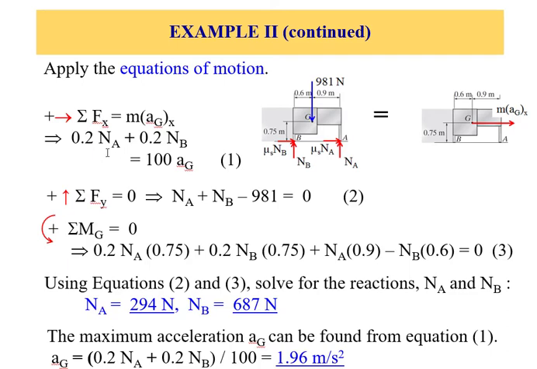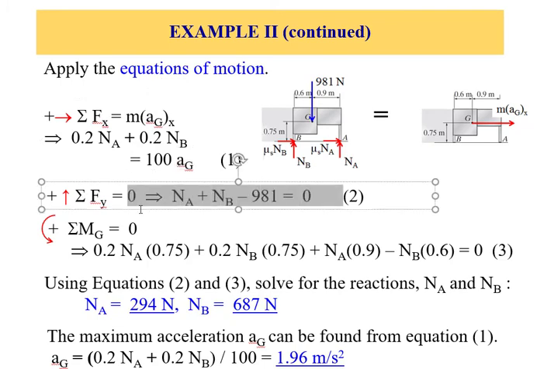The first force is going to be 0.2 NA, the first friction force. The second force is at leg B. That is equal to the inertia, or the kinetic, m a_G in X, which is the only one, so we are okay just leaving it as a_G. Similarly, for the Y direction, we obtain the second equation.